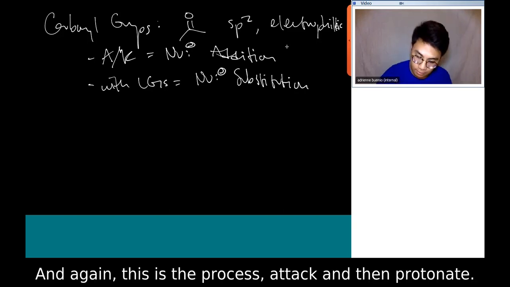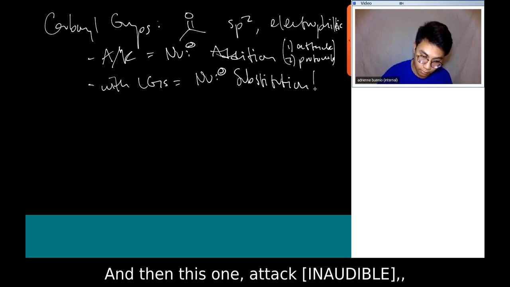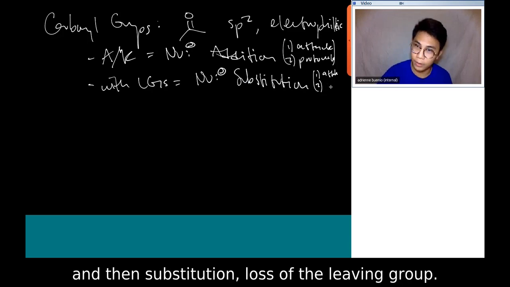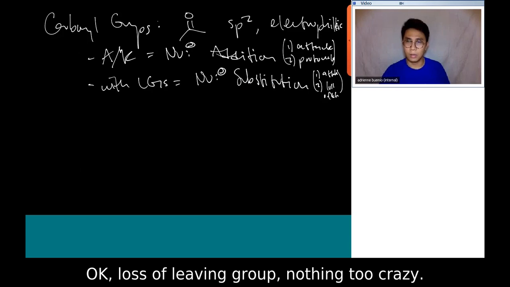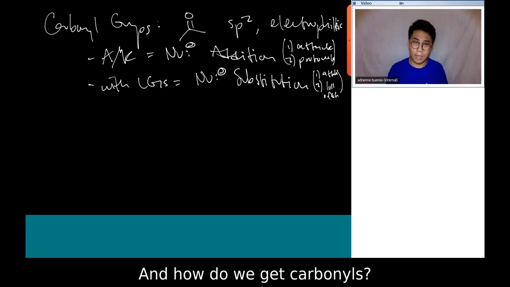And again, this is the process: attack, and then protonate, and then this one, attack, and then substitution, right? Loss of leaving group. Okay, loss of leaving group. Nothing too crazy.